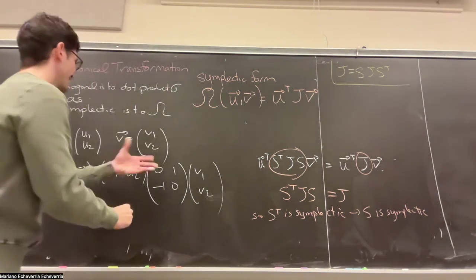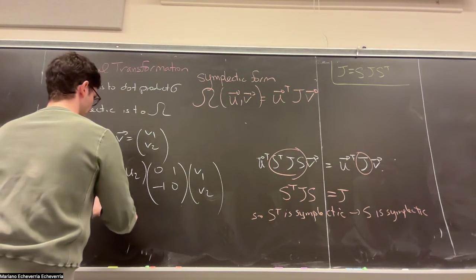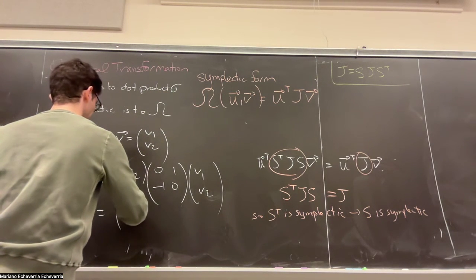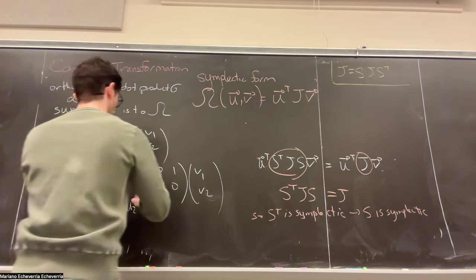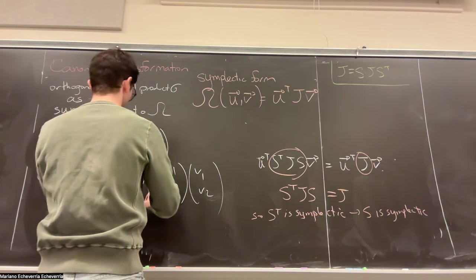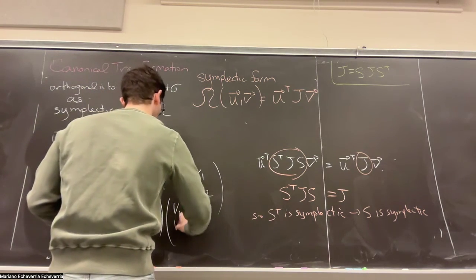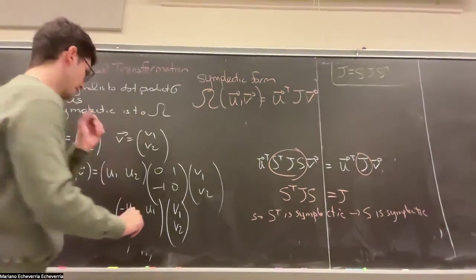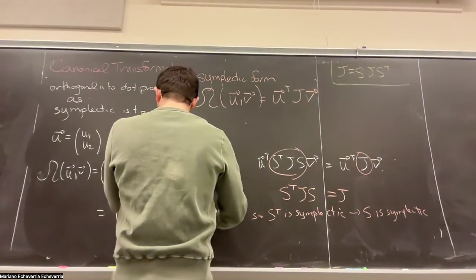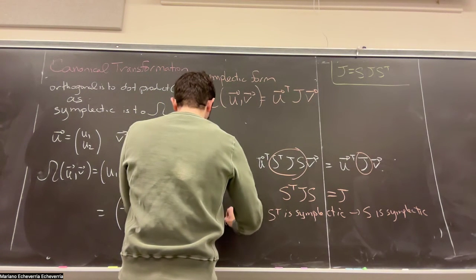And so again, this is not too bad to do. If you multiply you get minus U2, and then you get U1, times V1, V2.